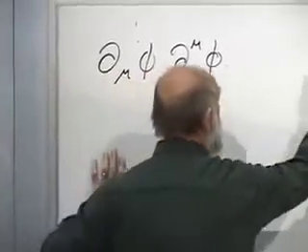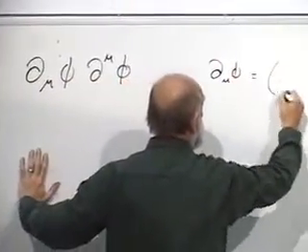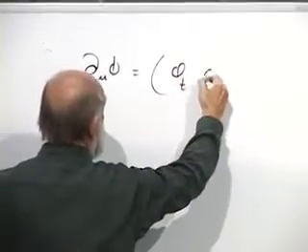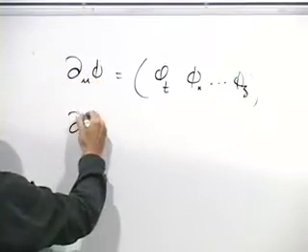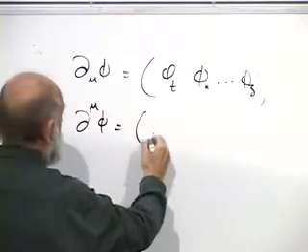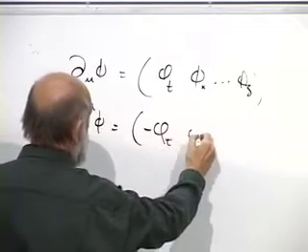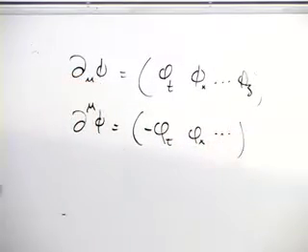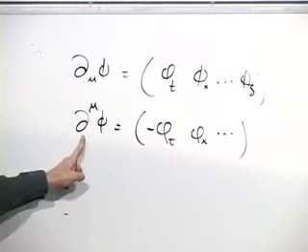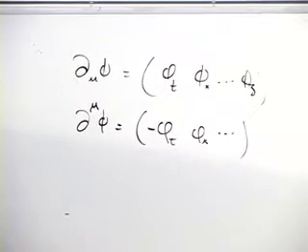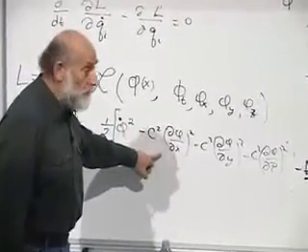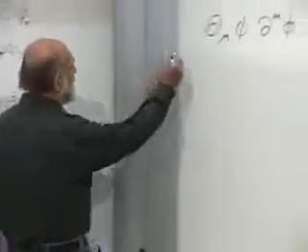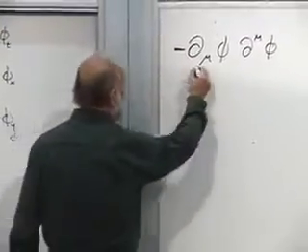So d mu phi stands for the complex of objects phi t, phi x, up to phi z, and d super mu phi stands for the same thing except the time component changing sign. Then when I multiply the contravariant derivative times the covariant derivative, it gives me something with a time derivative squared having the opposite sign from the space derivatives. In fact, I think I want to put a minus sign in here, and a 2.